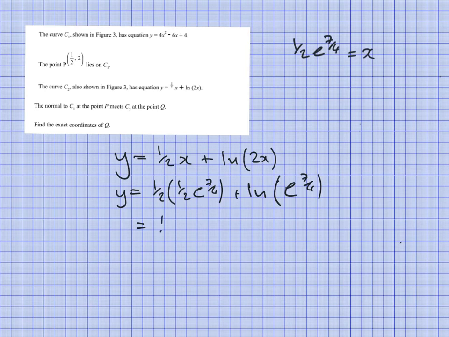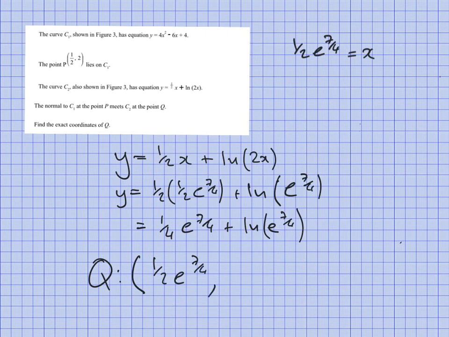Simplifying that gives me a quarter e to the 7 over 4 plus ln e to the 7 over 4. We've done that. Just write that as coordinates now. The meeting point, Q, is at a half e to the 7 over 4, a quarter e to the 7 over 4 plus ln e to the 7 over 4.